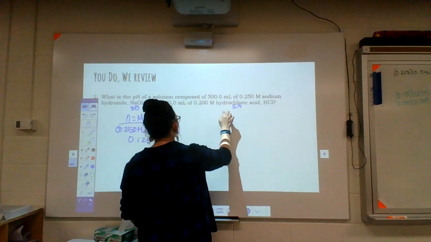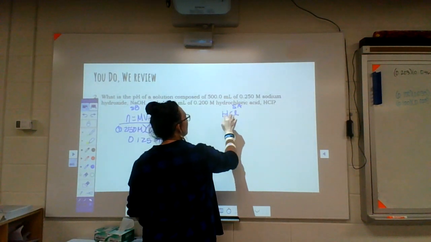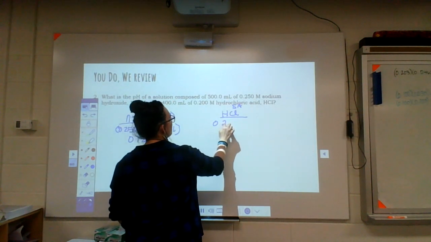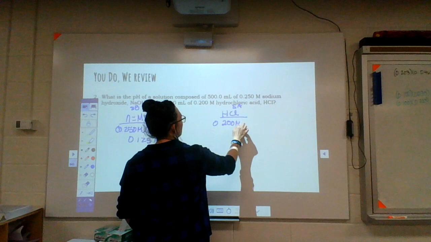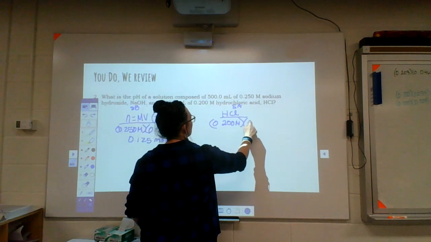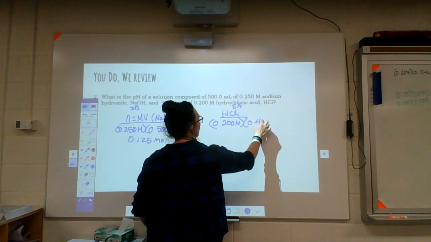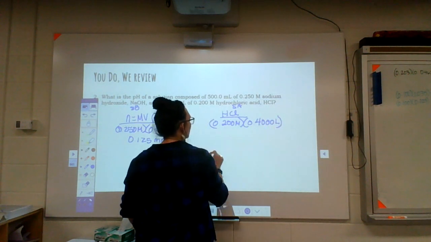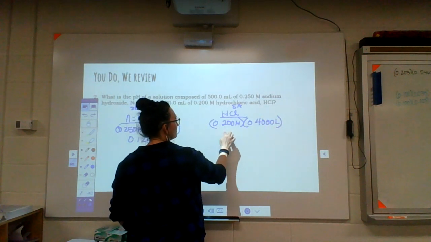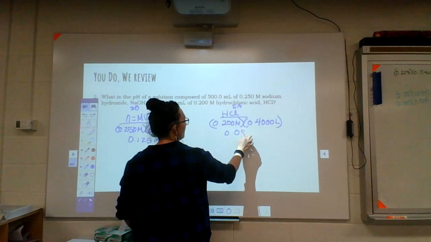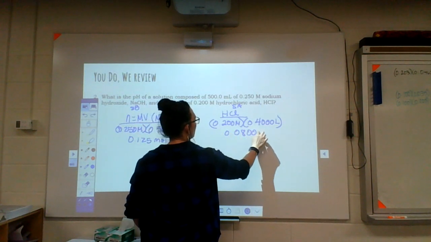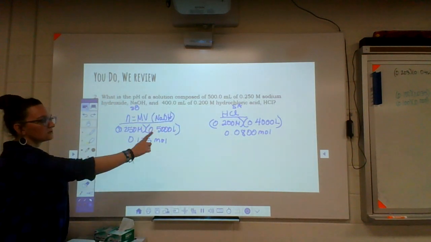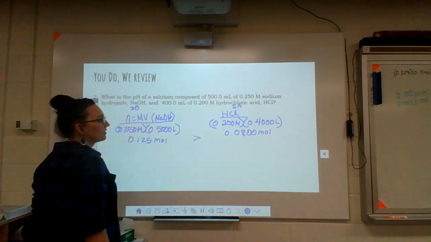Looking at hydrochloric acid, I have 0.200 molar times 0.4 liters. So my moles will be 0.0800 moles. And so we can see 0.125 is greater than 0.08.